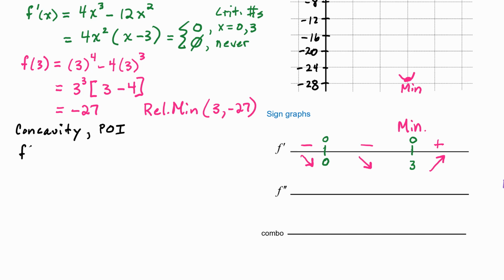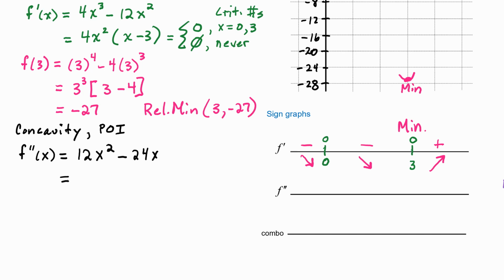So f double prime of x, I would suggest using this first form of the derivative, the unfactored form, because it's easier to find the second derivative. So from the first term, we are going to get 12x squared, and then the minus sign. And from the second term, we are going to get 24x.